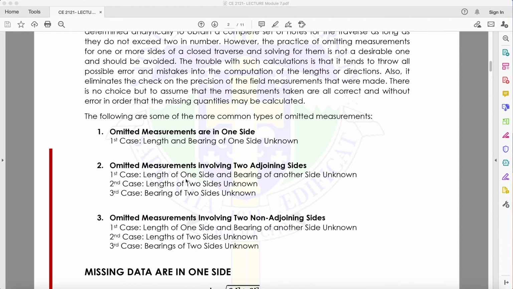First case, the length of one side and the bearing of another side are unknown. Second case, the lengths of the two sides are unknown. Third case, the bearings of the two sides are unknown.